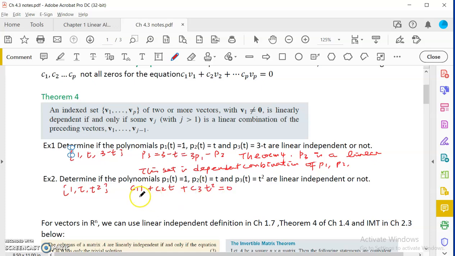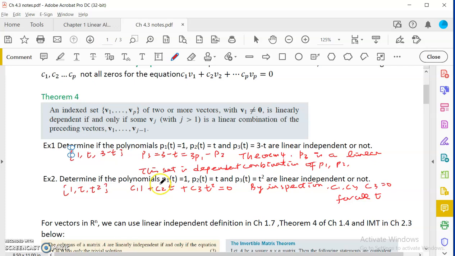Is it possible to get c1, c2, c3 that are non-zero to make this happen? By inspection, it is not. Why? Because t is not a particular solution. c1, c2, c3 must be 0 for all t, because it is a polynomial, which means it must hold for all real numbers t, right?